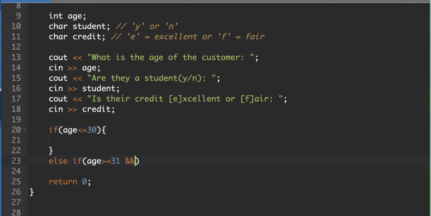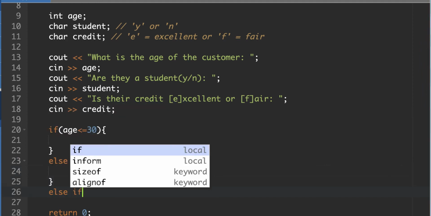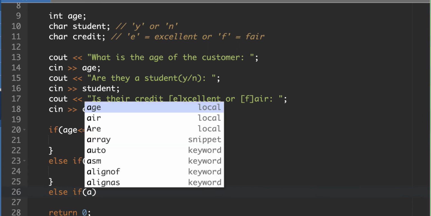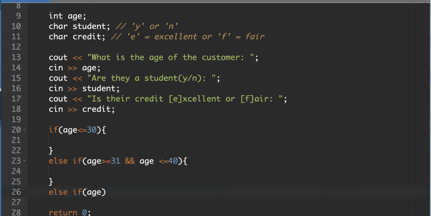we'll pick a range here: their age is less than or equal to 40. So this will cover all the ages from 31 to 40, and we will do something in particular. Else if their age is larger than 40, we'll do something in particular.